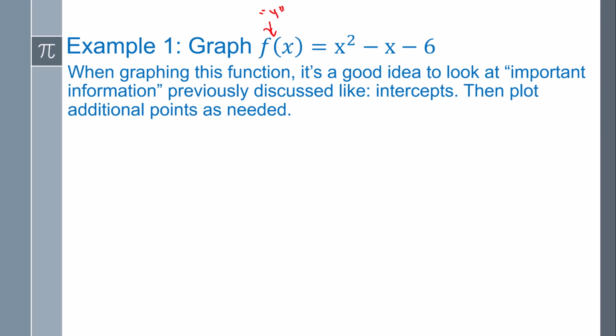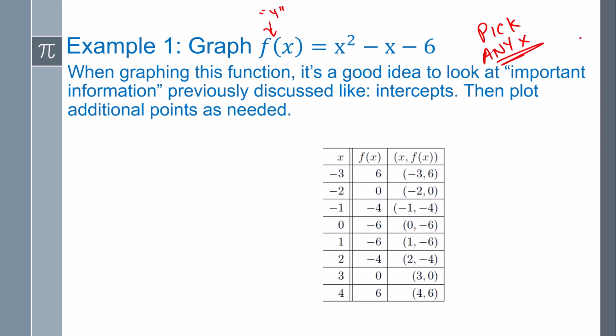We learned about domain, and we can think about, well, what are some domain restrictions? Do I have x inside of a square root? No. Am I dividing by x? No. So that means I can pick any x value. And when you pick that x value, you can create a chart.